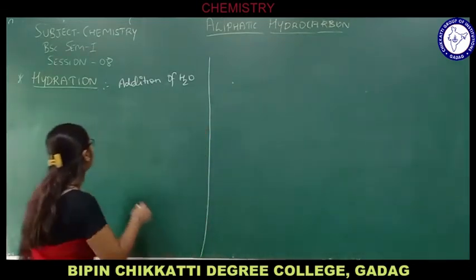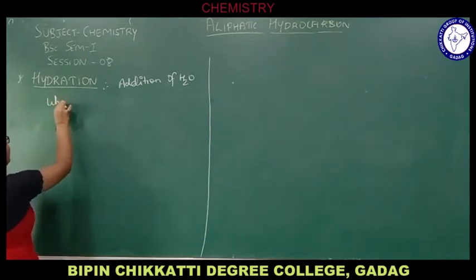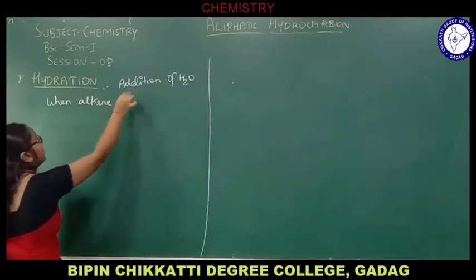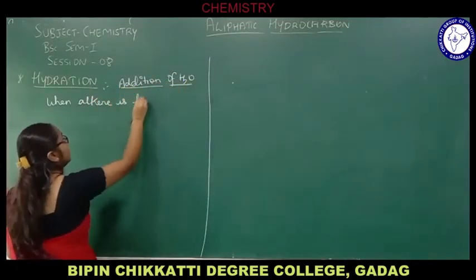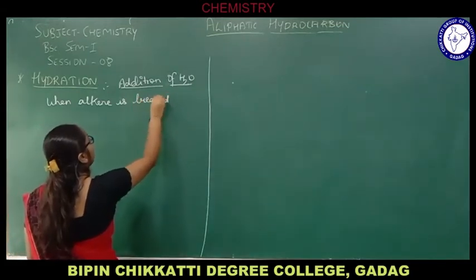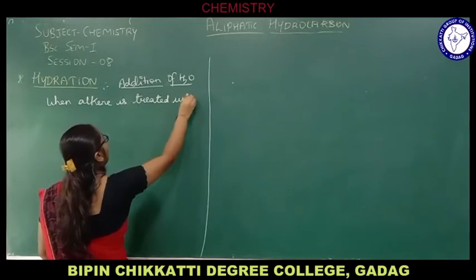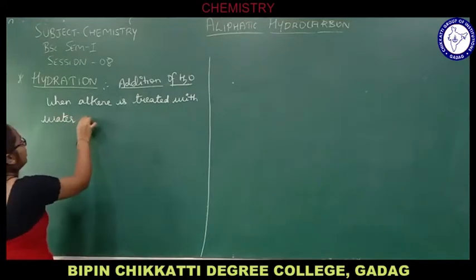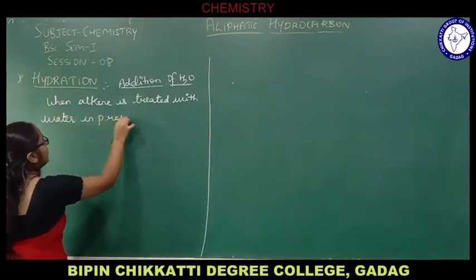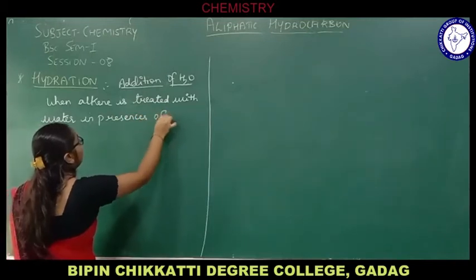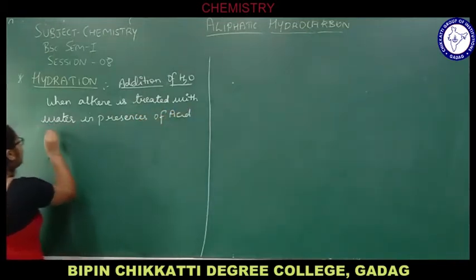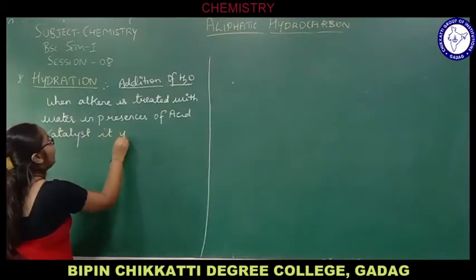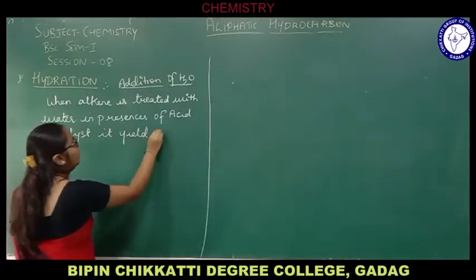Okay, so here we'll write down a certain statement. When alkene is treated with water in the presence of an acid catalyst, it yields alcohol.